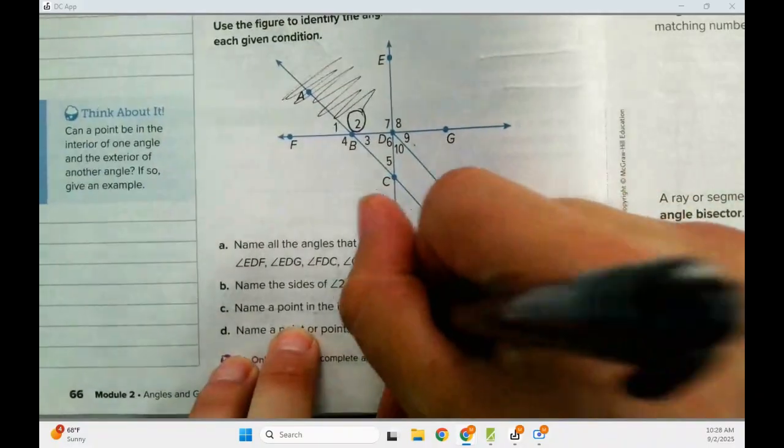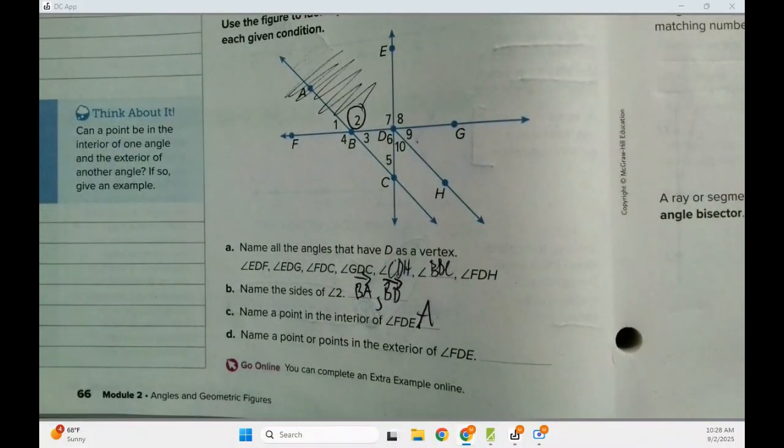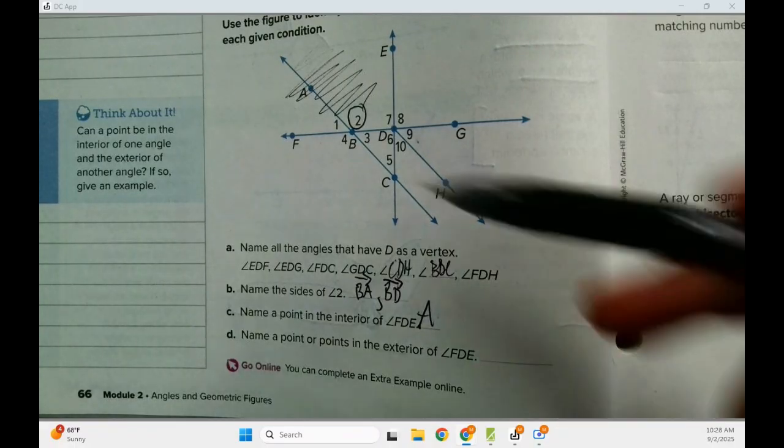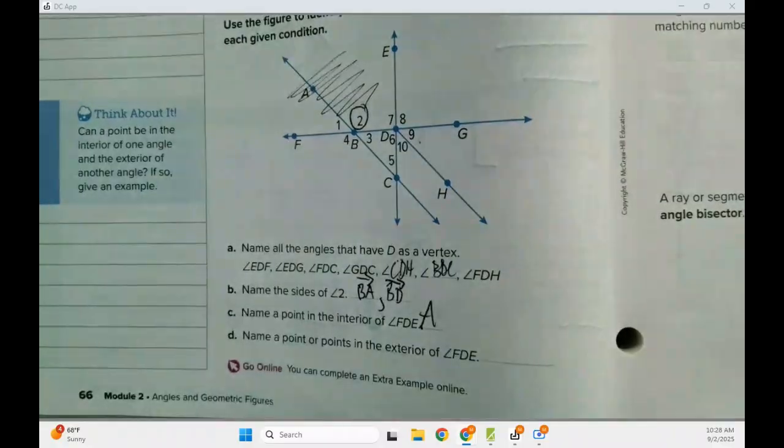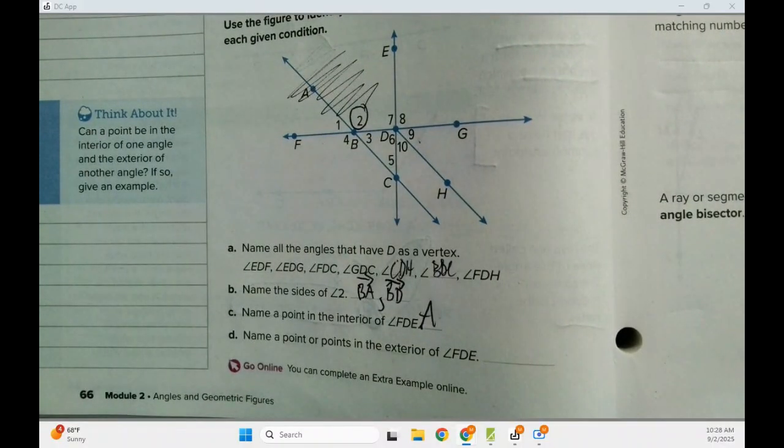A. Could we eat B? Why not? It's on his jaw, right? That's kind of why I use that analogy, is that's not the same thing as being on the interior if it's actually on the angle. It's either on the angle, on the interior, or on the exterior, one of those 3 places.